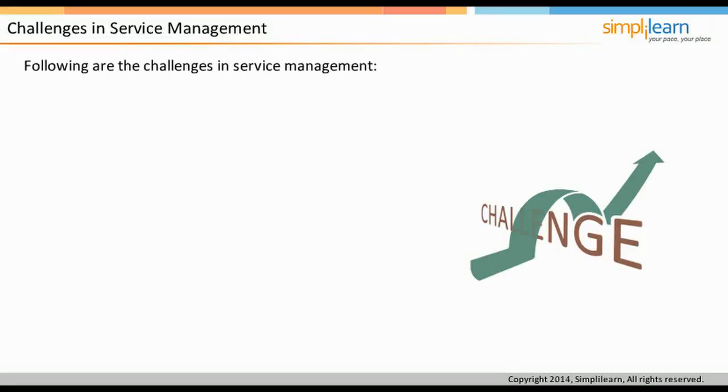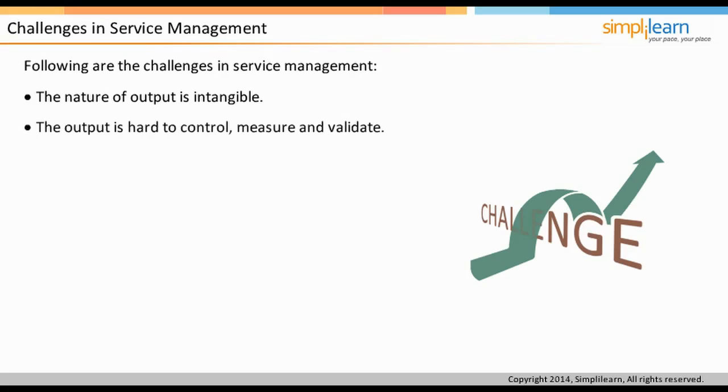The challenges in service management are: firstly, the nature of output in service management is intangible. Secondly, the output is hard to control, measure, and validate. Thirdly, customers' assets such as applications, processes, transactions, and documents arrive based on the demand, and these stimulate service production. So demand is associated with customers' assets.